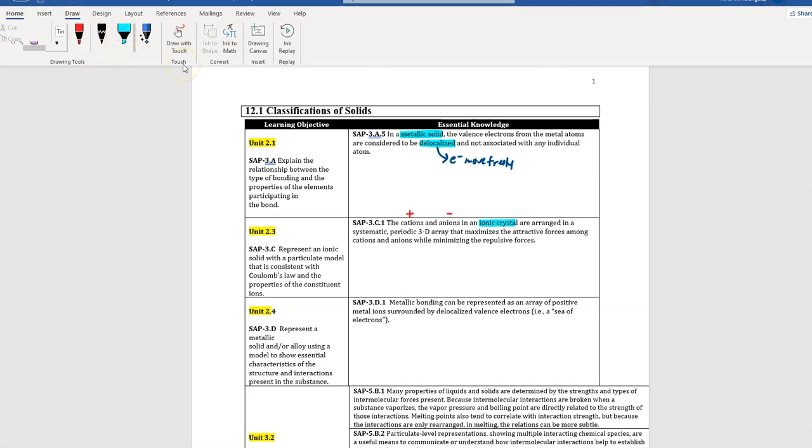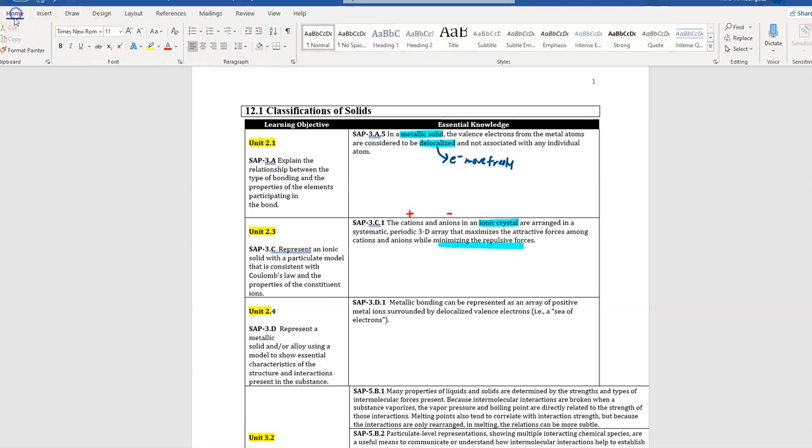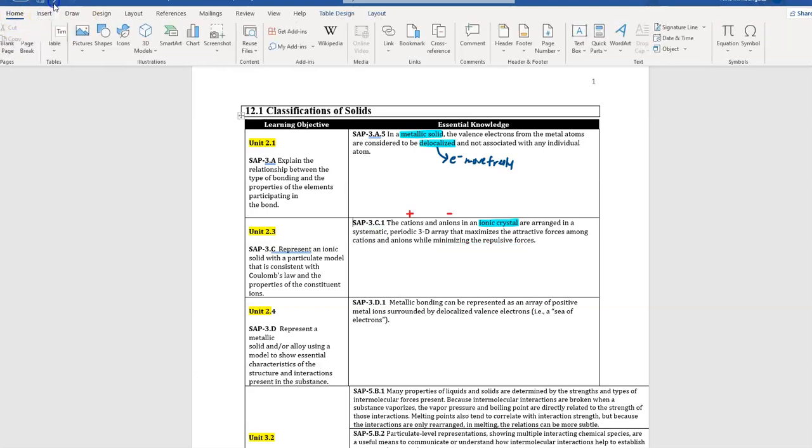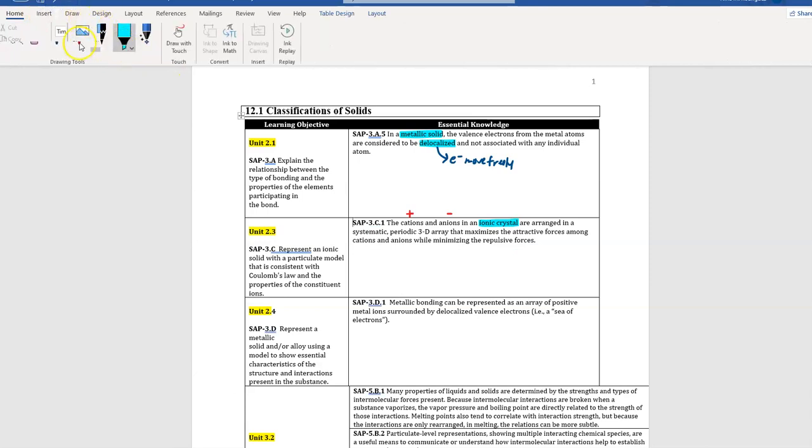That is the next type of solid, and the ions are arranged in a systematic periodic 3D array that maximizes the attractive forces among cations and anions while minimizing repulsion. So very key right there. Maximizes attractive, minimizes repulsion.